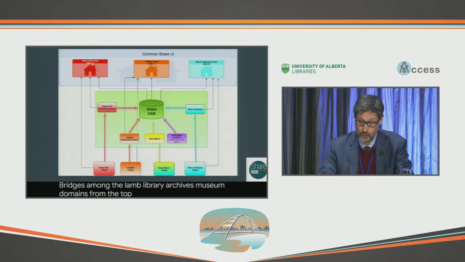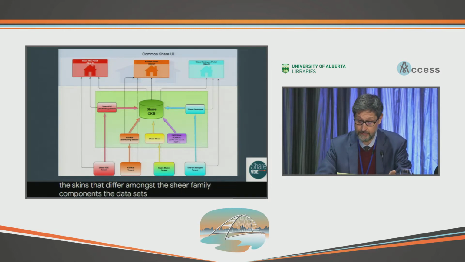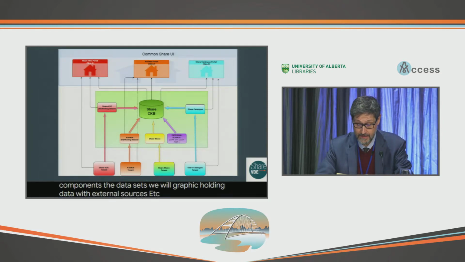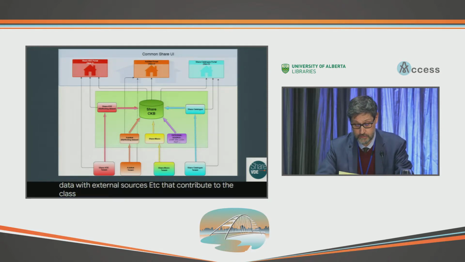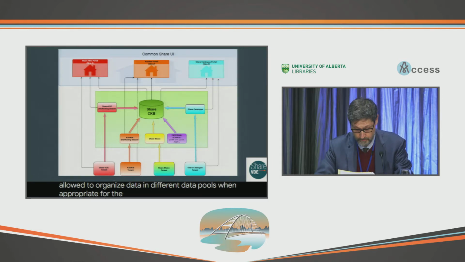From the top down on the slide, you can see the skins that differ among the Share family components, the data sets, bibliographic holding data with external sources, etc., that contribute to the cluster knowledge base, and the so-called tenants that allow organizing data in different data pools when appropriate for the group.